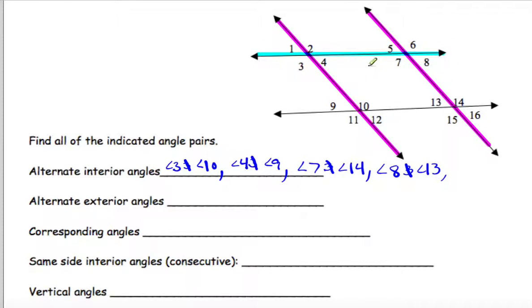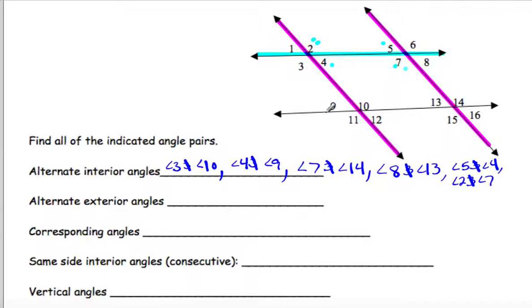So this would have a pair of alternate interiors being 5 and 4 as one pair, and then 2 would match with 7. So we're going to add those to our list. 5 and 4, and 2 and 7.